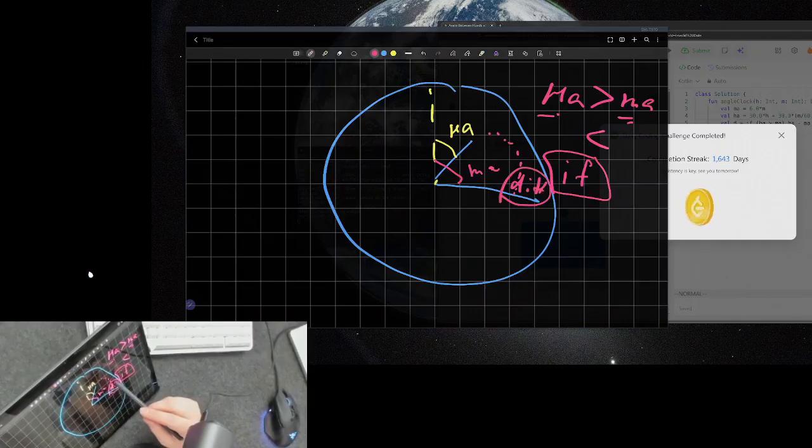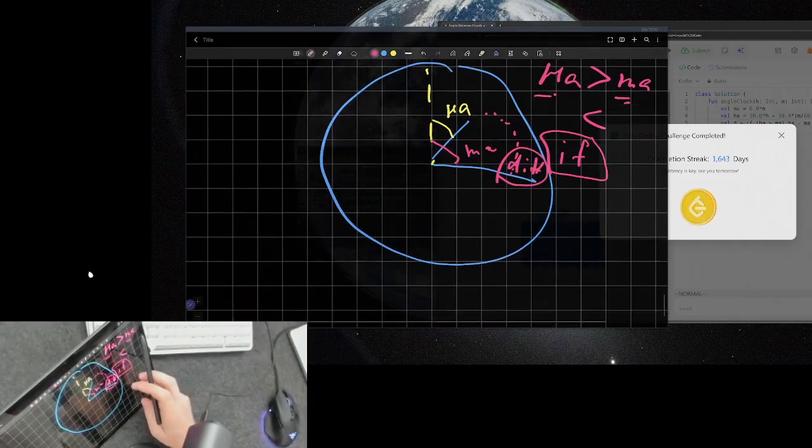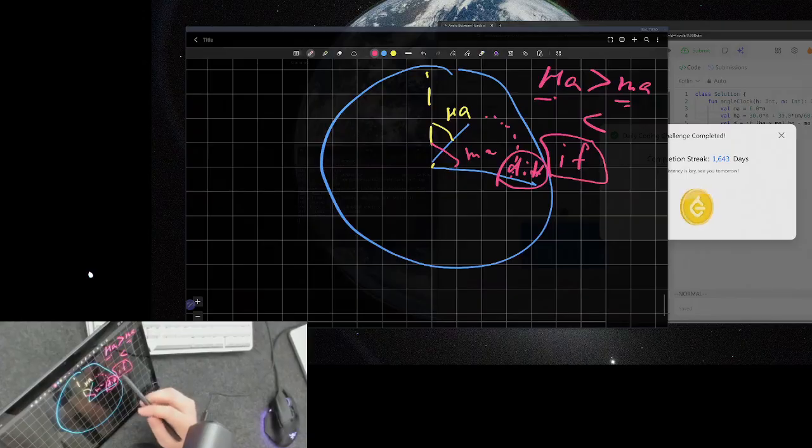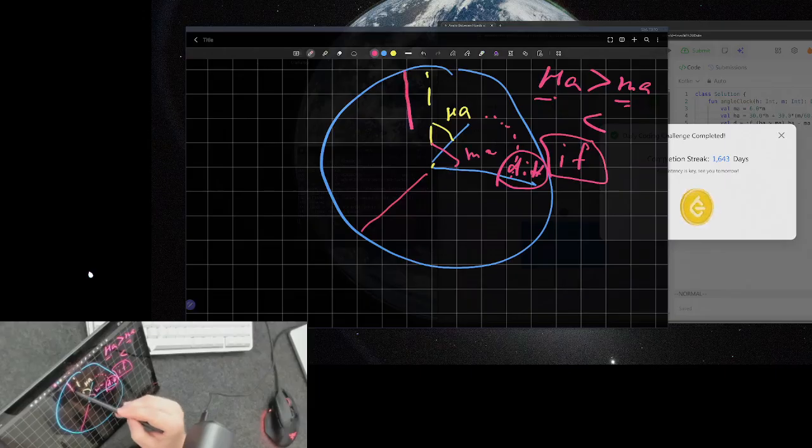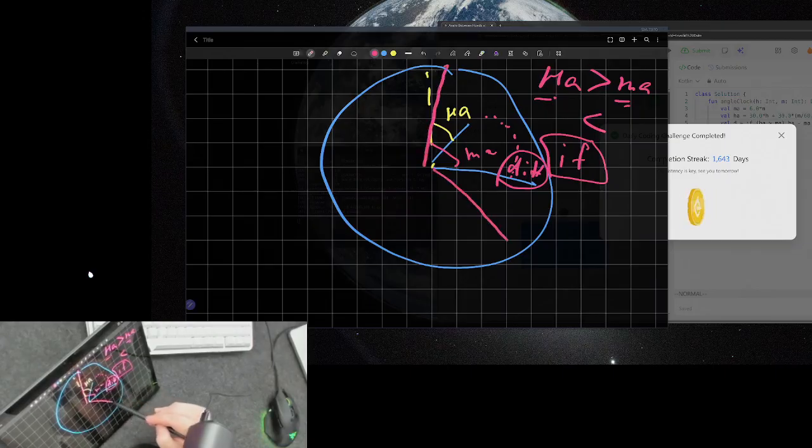And after that, we have to know that the difference angle actually can be bigger than 180, so for example, like this, as a difference, or maybe this one.